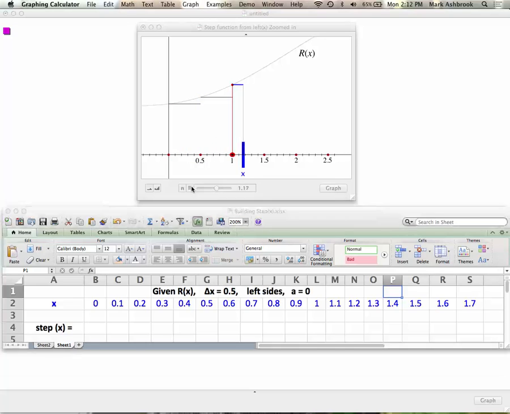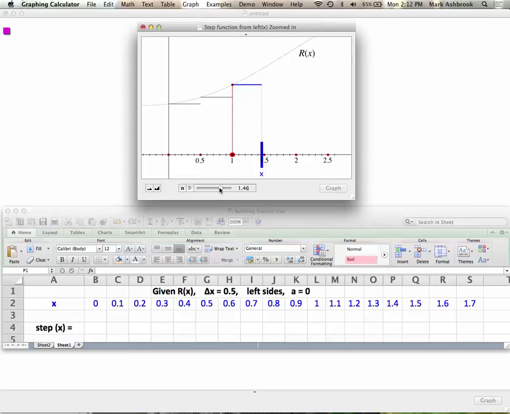So here's the current value of x, 1.2. How can we represent what step of 1.2 is if we're basing our step function off of this changing rate function r? See if you can do it. Talk to the person next to you. What can I write in this box right here for step of 1.2? Go.